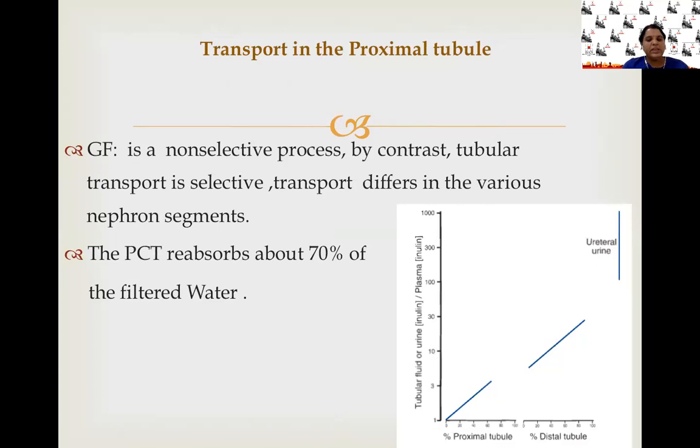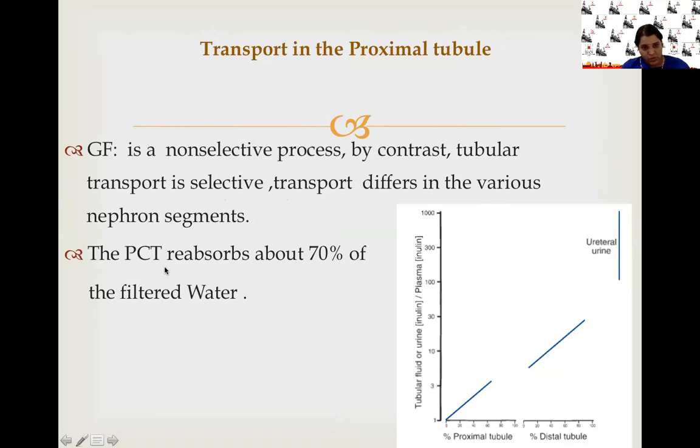Now, each tubular segment, that is the proximal tubule and distal tubule, as I said, is different in its transport mechanism. So I'll just briefly go through the transport mechanisms in each part of the tubule. As I said, glomerular filtration is a non-selective process. By contrast, tubular transport is a selective process, and this transport differs in various segments of the nephron.